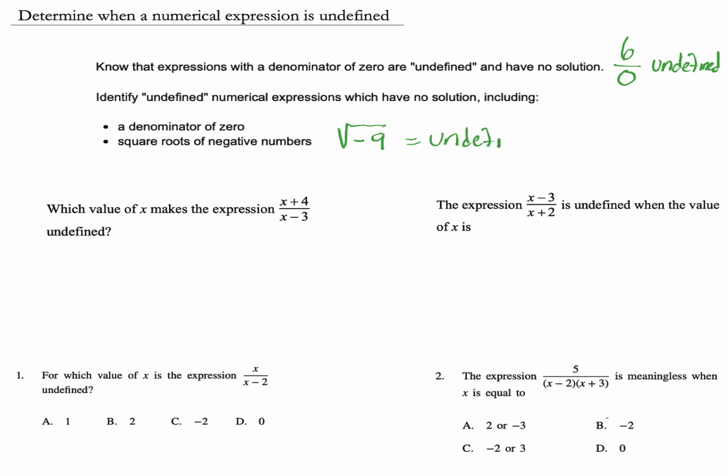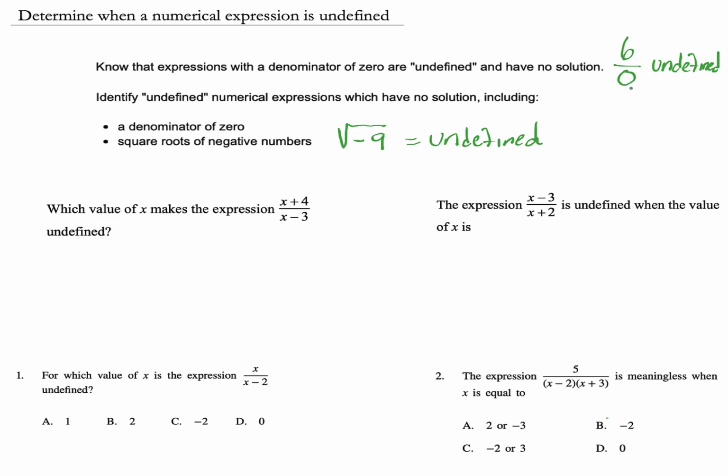So anytime on the GED exam they give you a list of 4 numerical expressions and ask you which one is undefined, if you see the square root of a negative number, that is undefined. And if you see a fraction with a 0 in the denominator, that is also undefined.